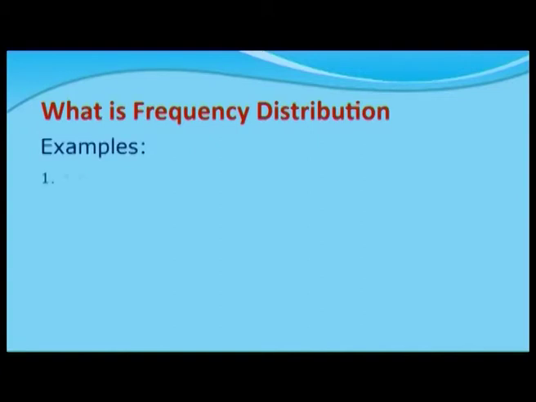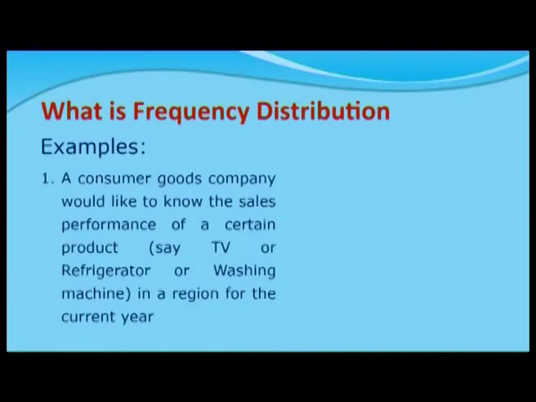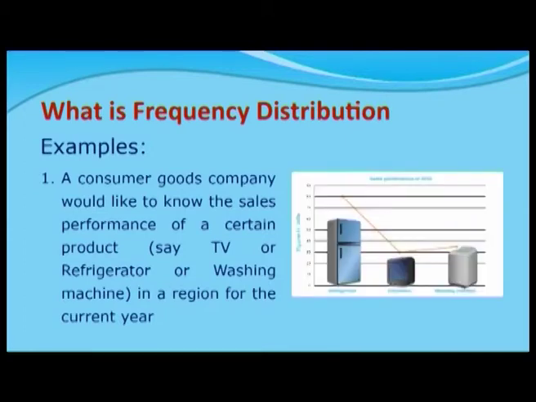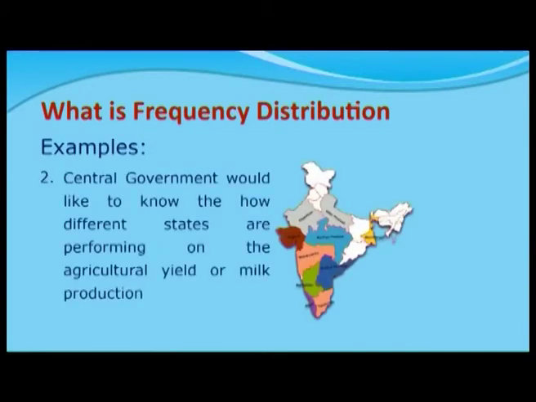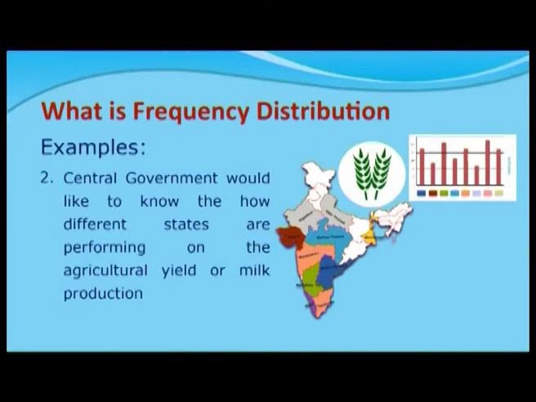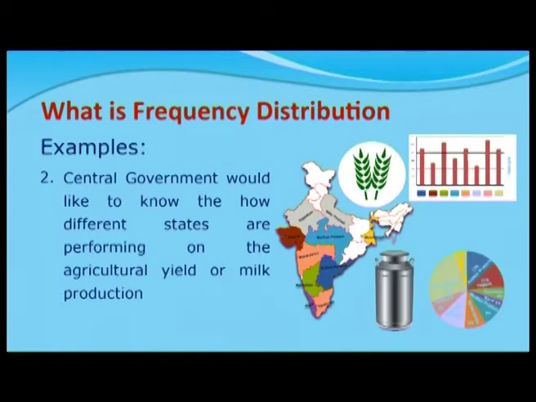For example, a consumer goods company would like to know the sales performance of a certain product, say TV or refrigerator or washing machine, in a region for the current year. Central government would like to know how different states are performing on the agricultural yield or milk production.